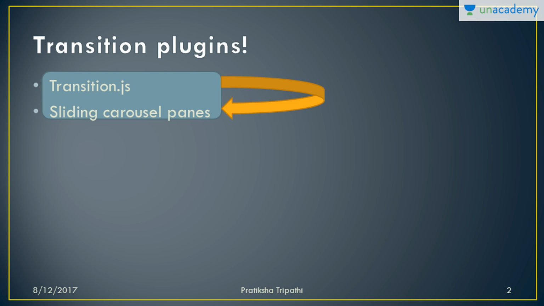The first type of plugins that we are going to talk about is the transition plugin. What is a transition? Transition is nothing but going from one page to another page, and it is very important.